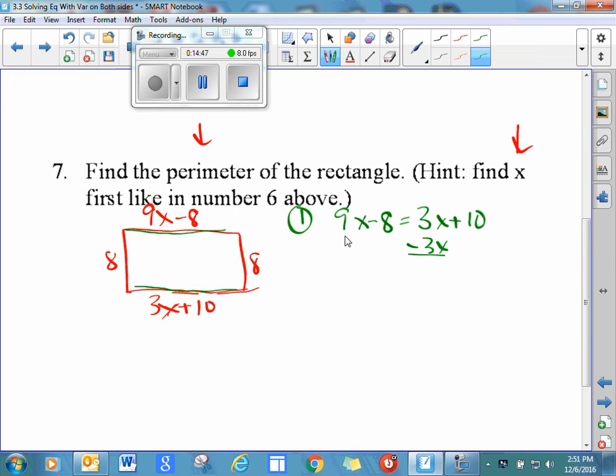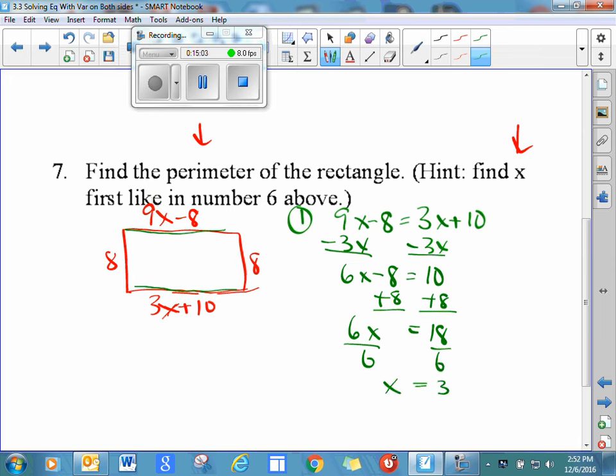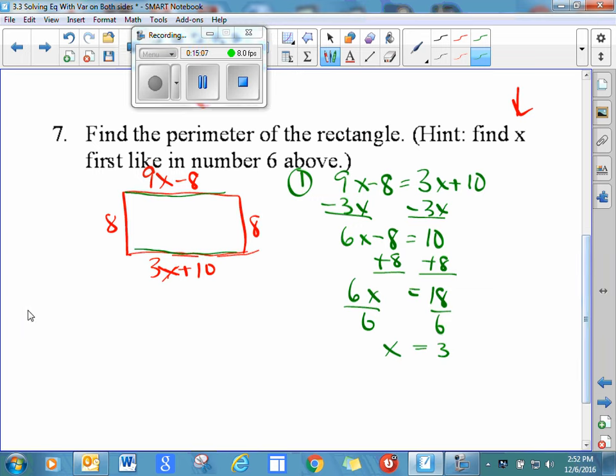So I'm going to move the 3x. 6x minus 8 equals 10. Add 8 to both sides. And we get 6x equals 18. Divide, one last step, and we think x is equal to 3. That's number 1. Number 2, plug x in.